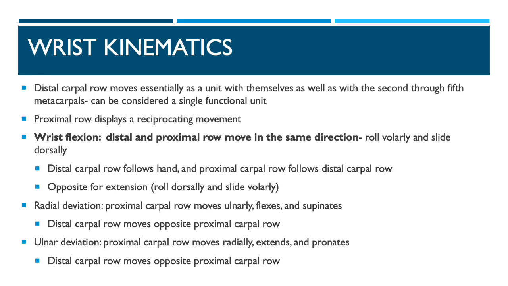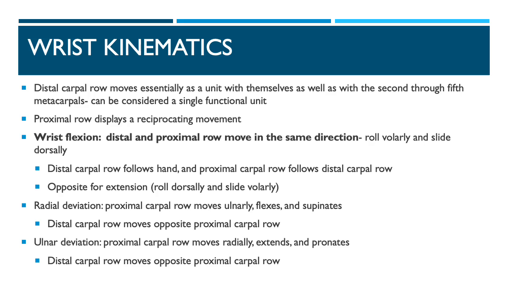So during wrist flexion, the distal and proximal carpal row move in the same direction. They're rolling volarly and sliding dorsally. The distal carpal row is going to follow your fingers. So when you're flexing your wrist, your fingers come down.